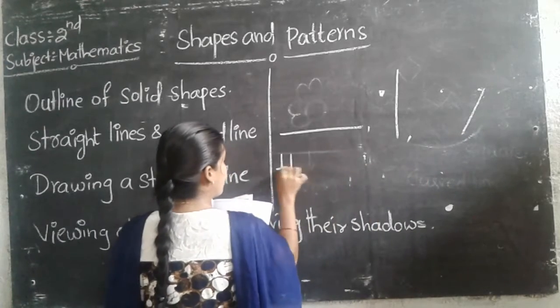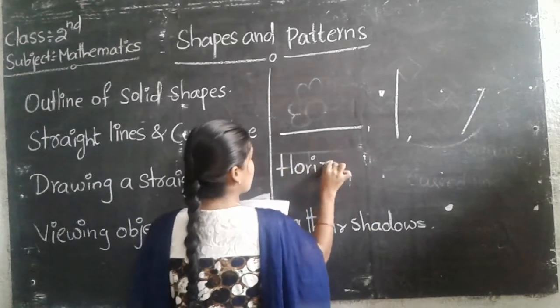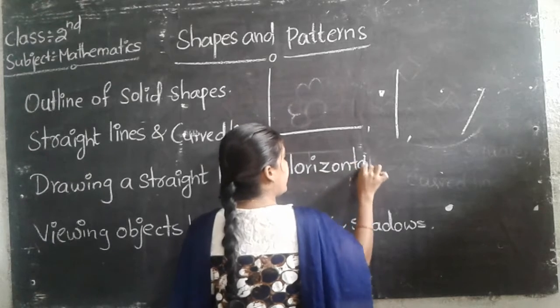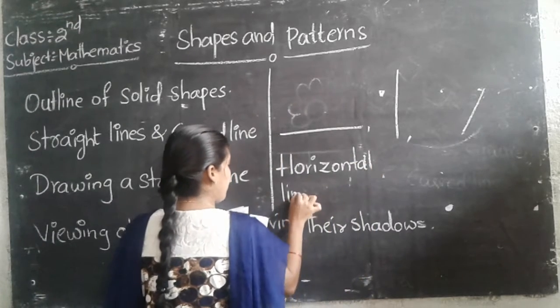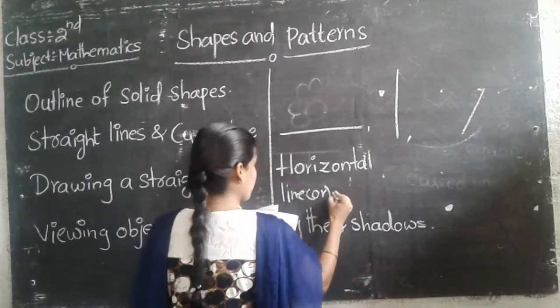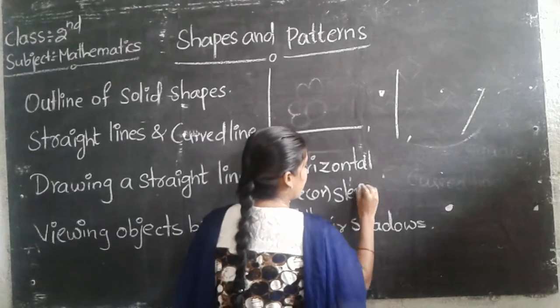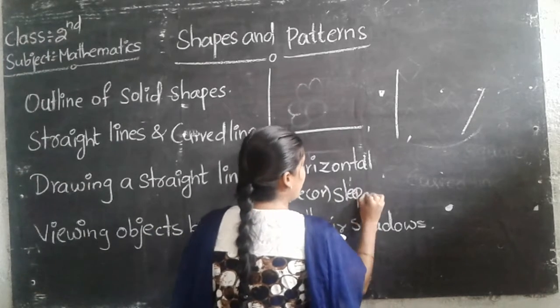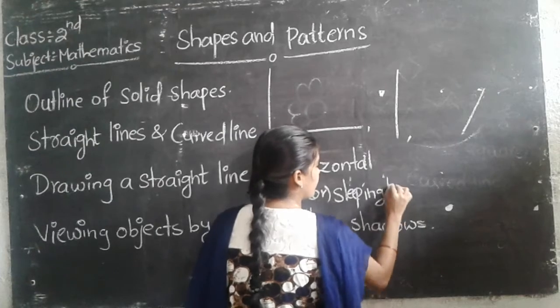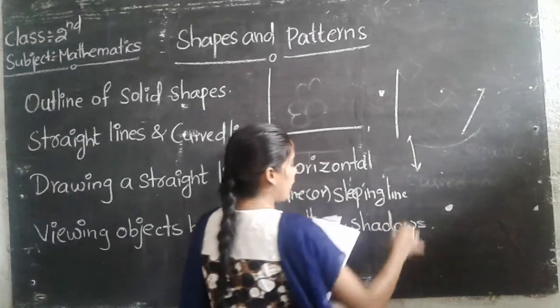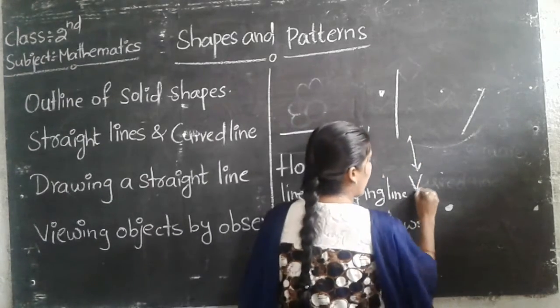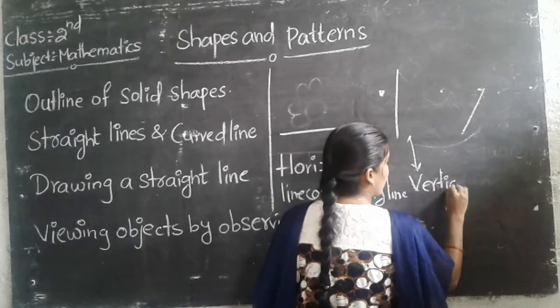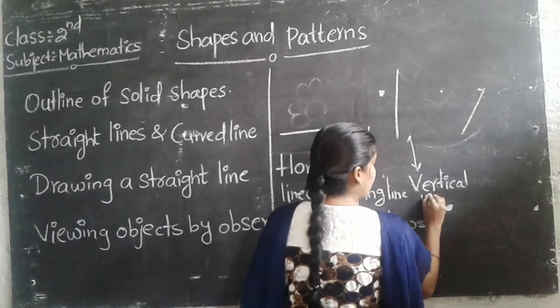Horizontal line, that means sleeping line. What is that? Sleeping line. And the second one is vertical line. What is that? Vertical line.